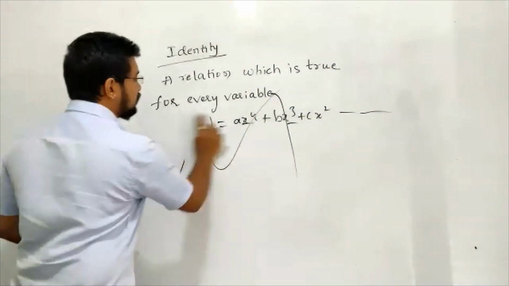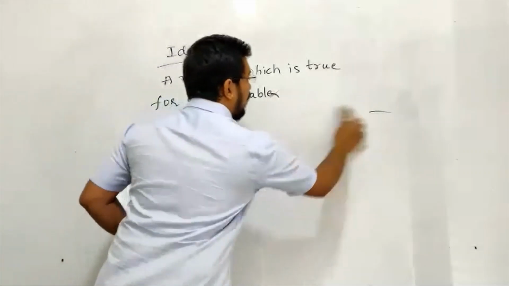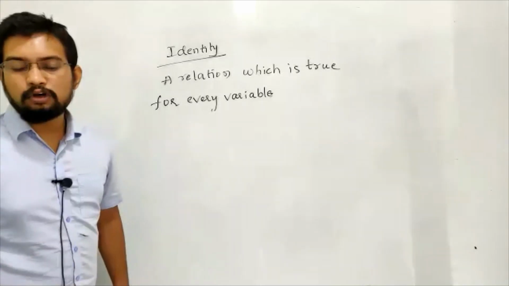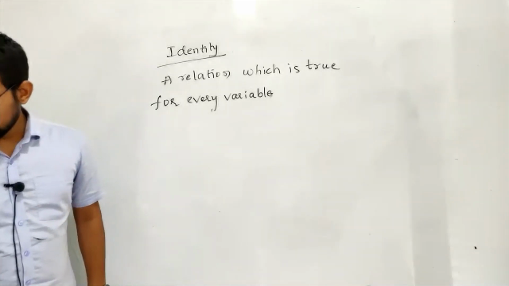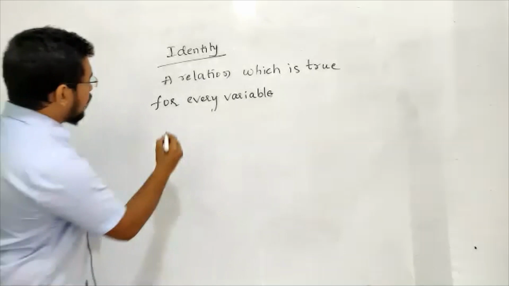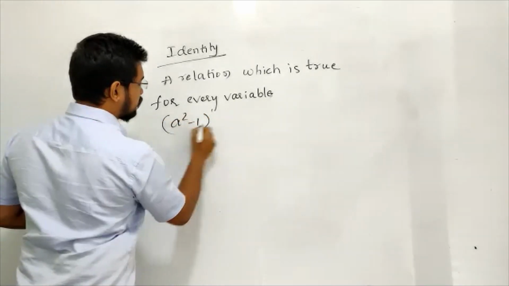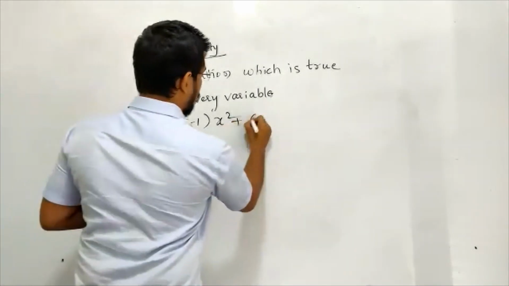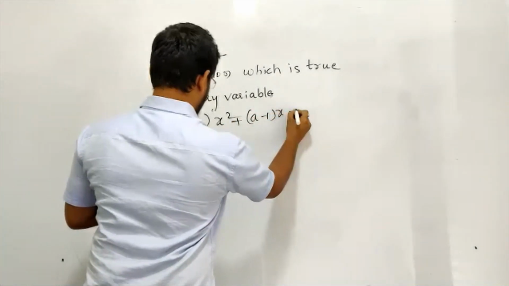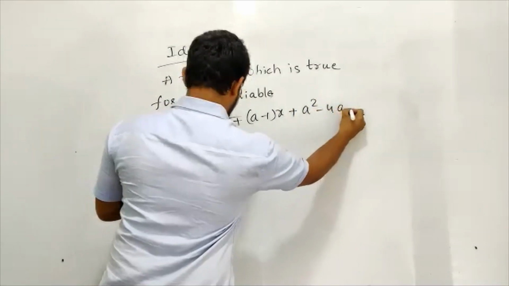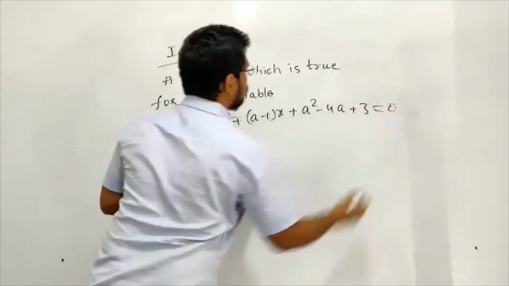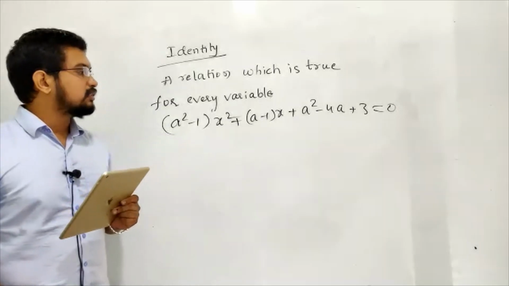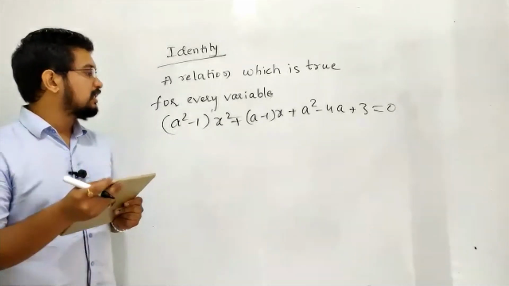And identity, simply, for every value of x, if that is true, I'll take a simple example and try to explain that. Something like a square minus 1 into x square plus a minus 1 into x plus a square minus 4a plus 3 is equal to 0.